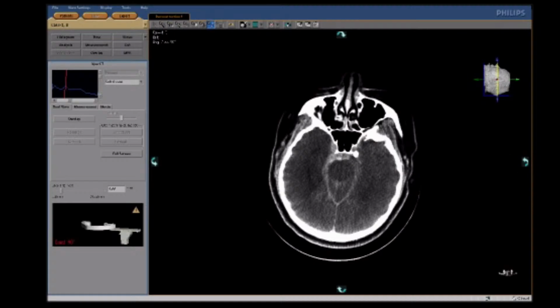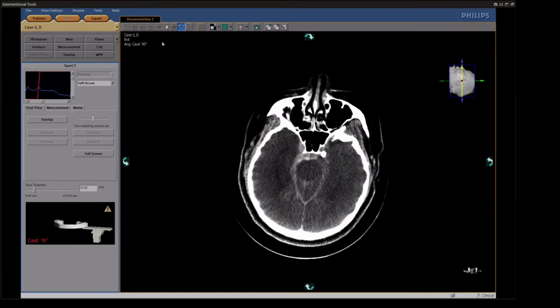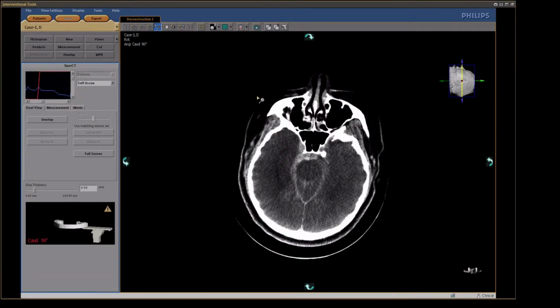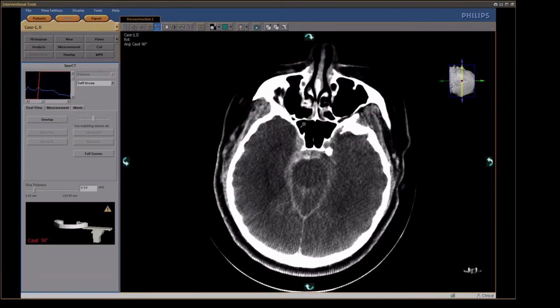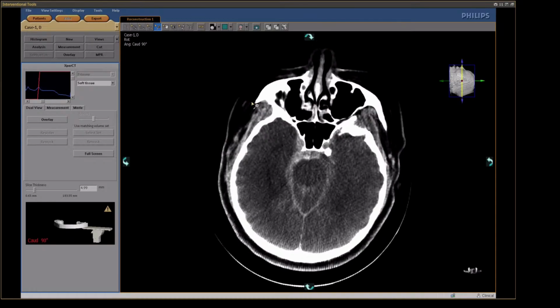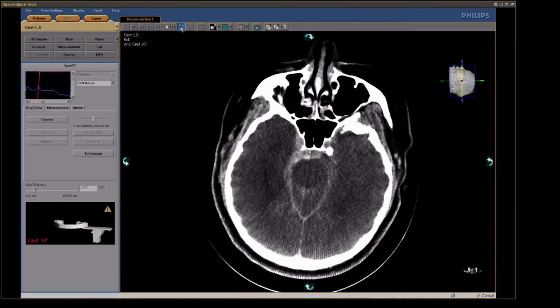Okay, let's analyze the control CT. Before Rowan is analyzing, I will check the pupils, both equal.